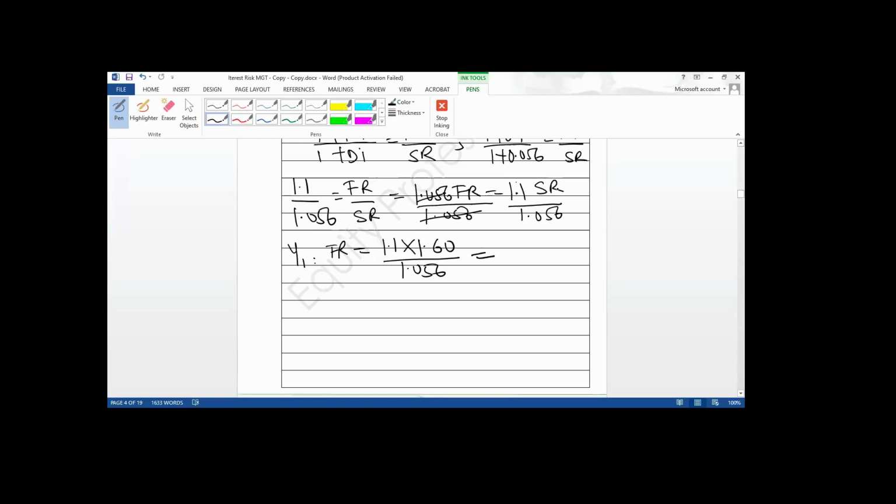Your Xr is the spot rate. If you calculate this, you have the exchange rate in 1 year.